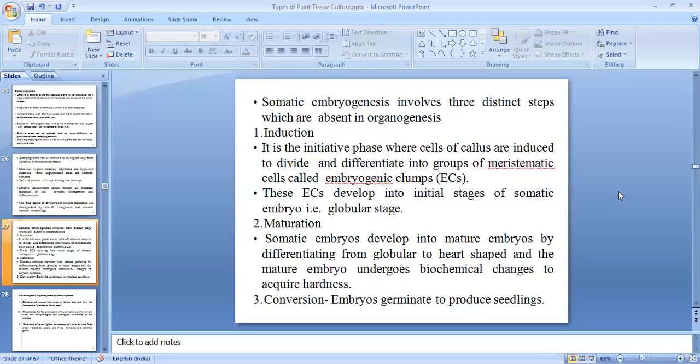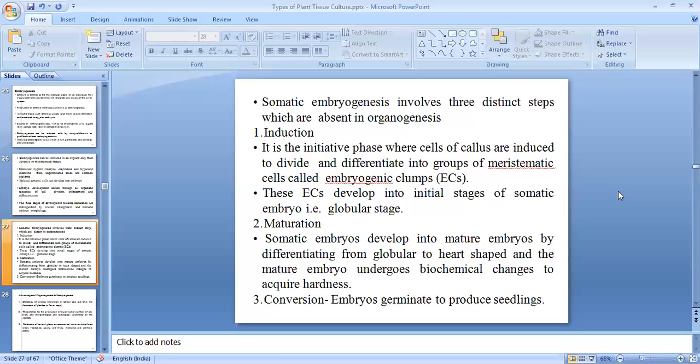The cells from the callus divide, and then they differentiate into groups of growing cells, otherwise called meristematic cells. That is called your embryogenic clump. And these embryogenic clumps develop into the initial stages of somatic embryo. That means initially they develop into a stage which is called your globular stage.